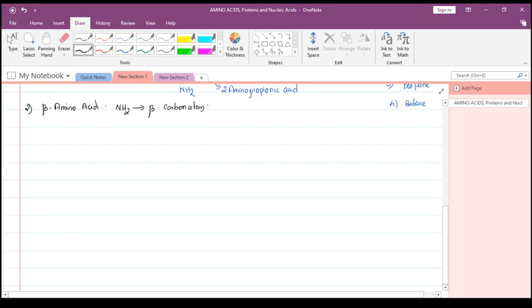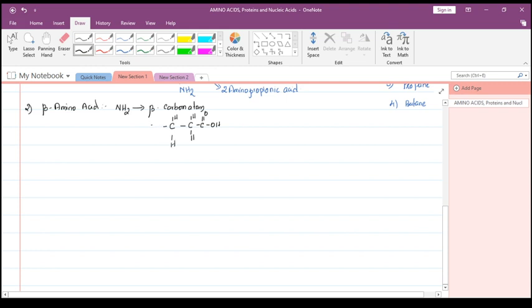An example of a beta amino acid is 3-amino propionic acid. 2-amino propionic acid, we know, is alanine. How will we write it? C double bond O, OH, then the alpha carbon, then the beta carbon, which can have three hydrogens.